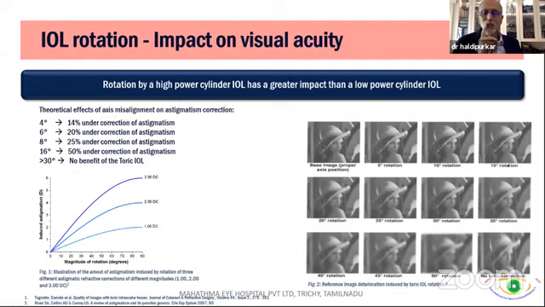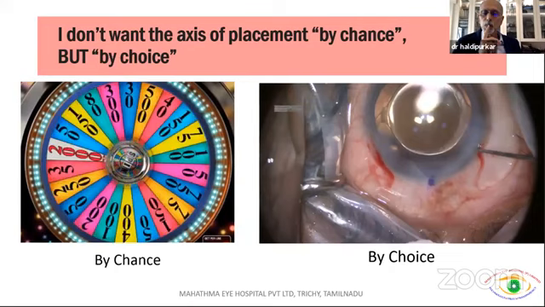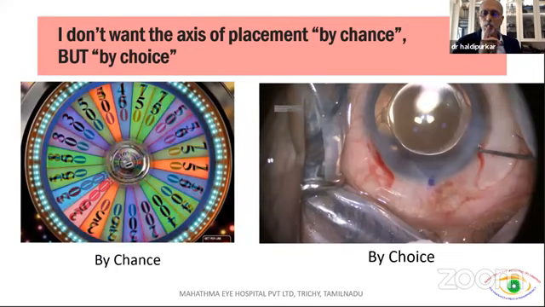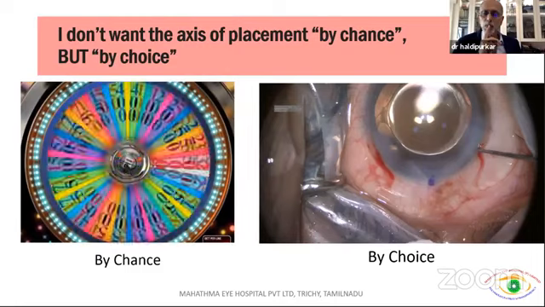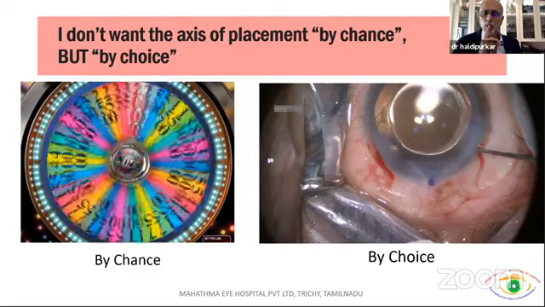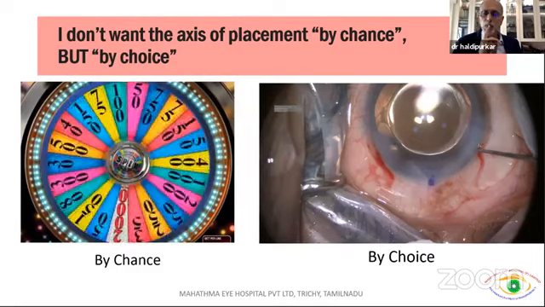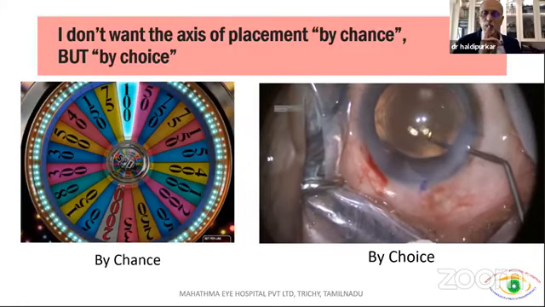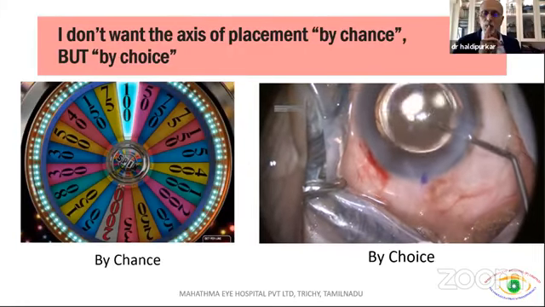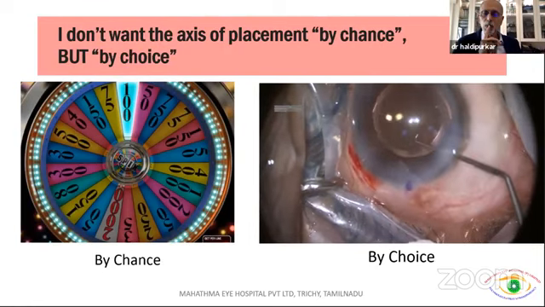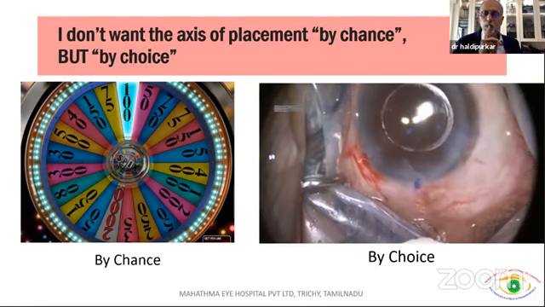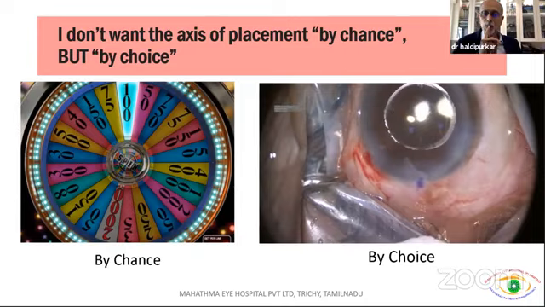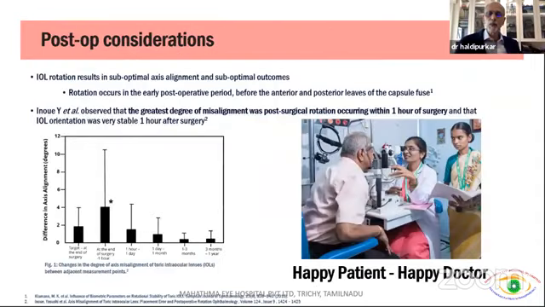Toric IOLs have evolved over a period of time for enhancing good memory and to stay where they are put. I don't want the axis of placement by chance, but it should be by choice. And it should remain where I placed it, 1 hour or 1 day or 1 week or a month or a year, whatever, so that the patient is happy and the surgeon is also happy.